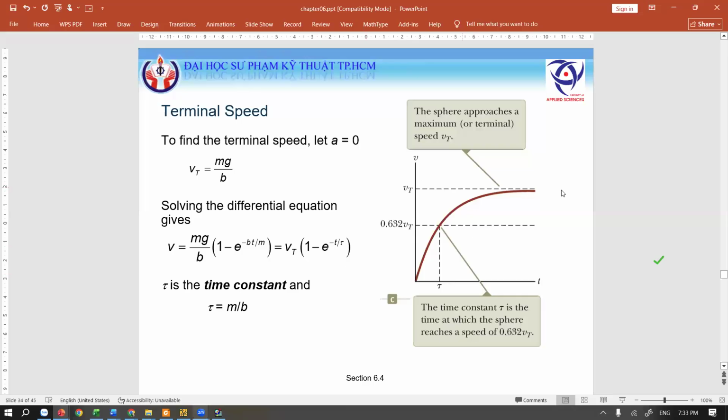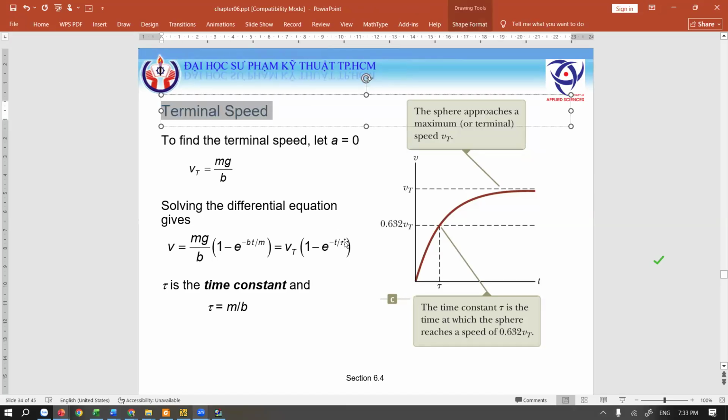We say this vt is the so-called terminal speed. And you can find from the equation here that the terminal speed vt equals mg over b.